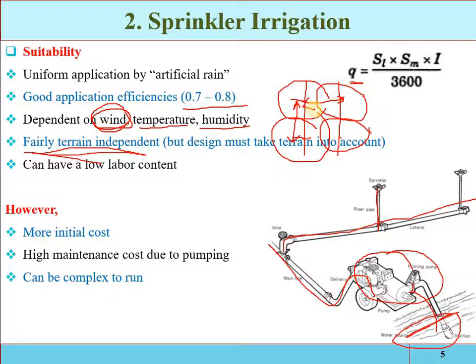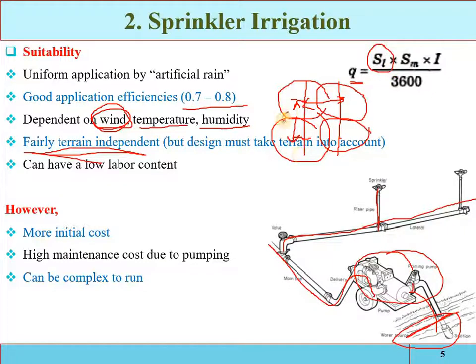And I is the infiltration rate of the soil. So the discharge required by an individual sprinkler will be equal to SL times SM times I, divided by 3600. So 3600 is a conversion factor. See, SL is the spacing of the sprinkler along the lateral.